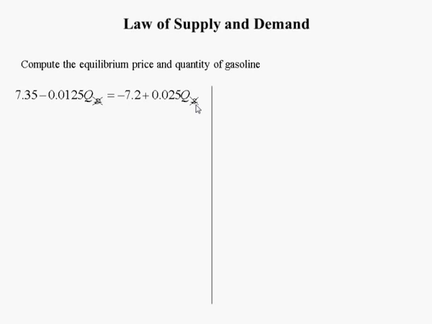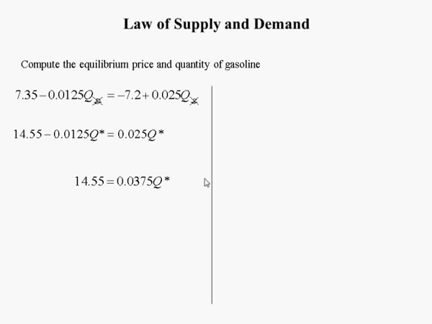Now, when the prices are the same on the demand and supply curve, the quantities are going to be the same. And that's the only point on those two lines where that is true. So that's why we X out demand and supply. Now we add 7.2 to both sides, and then we add positive 0.0125 Q star to both sides, and we get 14.55 equal to 0.0375 Q star.